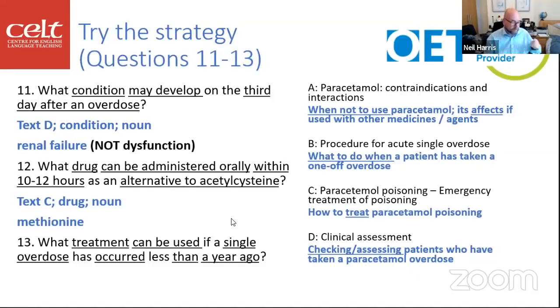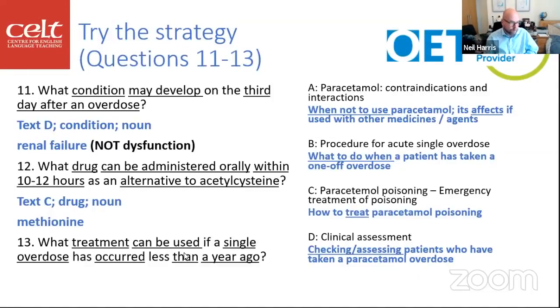But remember that OET is testing depth of understanding. And, oh, great, some of you are really quick here. You've picked up on the fact that the question asks what treatment is used if a single overdose has occurred less than a year ago. We have to read the whole question, not just the first word.